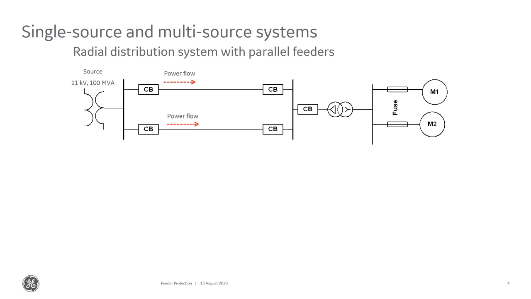So the problem might come in when we're talking about parallel lines. If we have multiple sources, that will be a problem for us, because when we have a fault in one feeder, short circuit current might flow on two feeders.